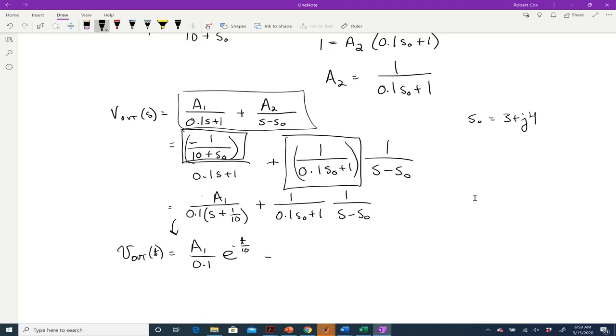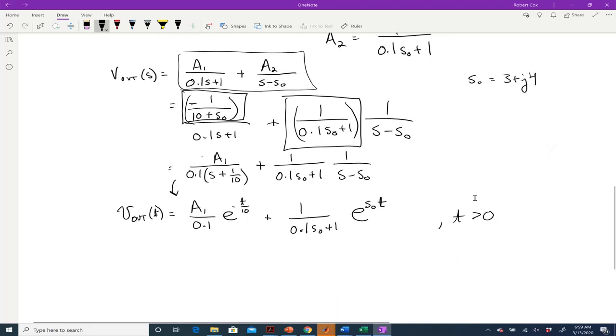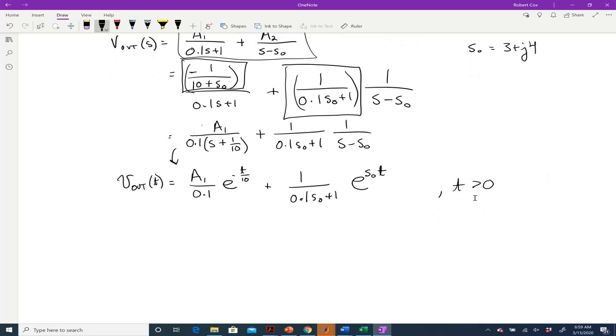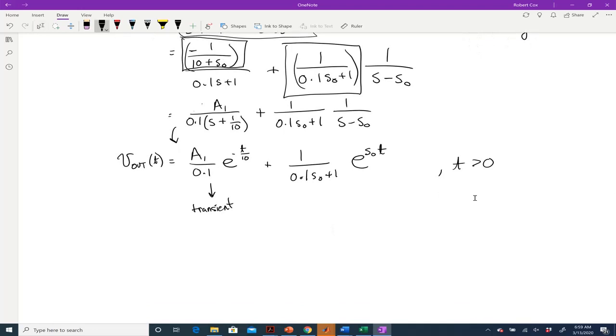Now for this guy, I have 1 over 0.1 s naught plus 1 times e to the s naught t. Okay? And of course this only applies for t greater than 0. Because this guy here has that negative, this is our old faithful transient response, which we're going to begin to ignore relatively soon. And this guy is my steady state response.